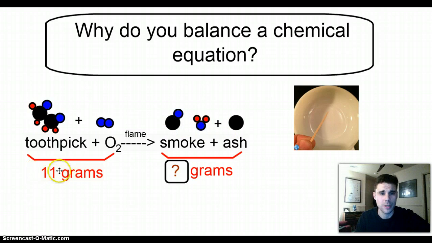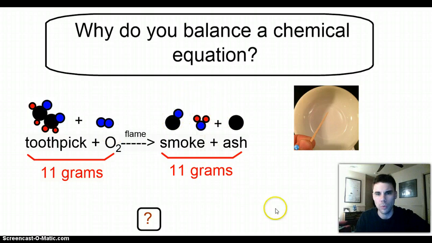But how would the mass balance out? Would it balance out? And of course, the answer is yes, it would. The atoms are still there in the same quantities, the same amount of grams. They're just in different forms. You have ash, you have smoke, you have some water vapor, and the total mass of all those materials would be the same as the mass of your reactants.